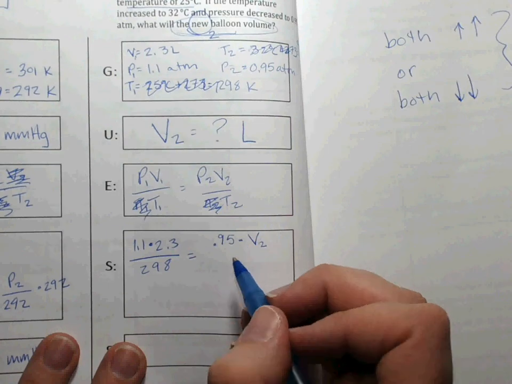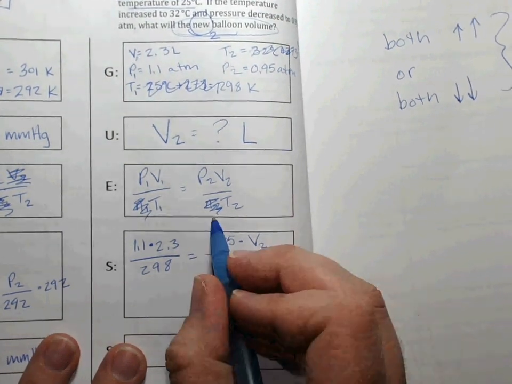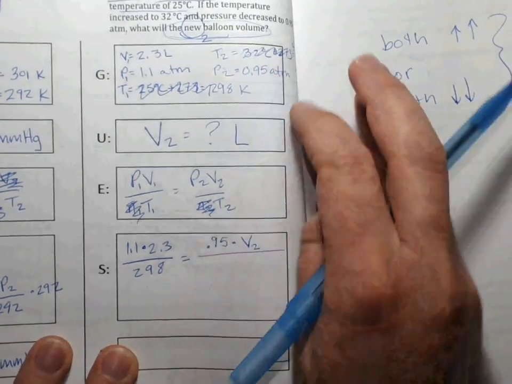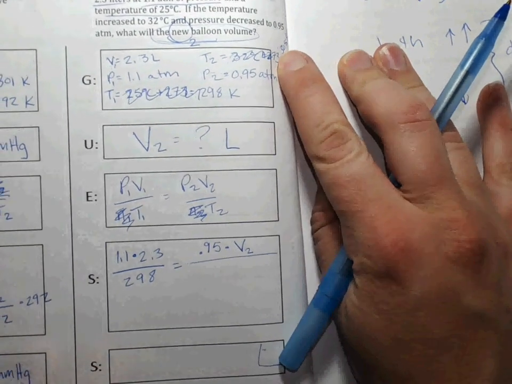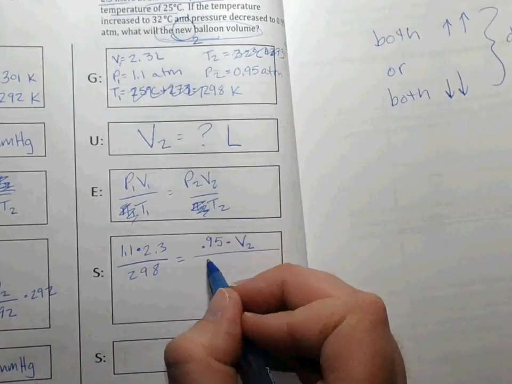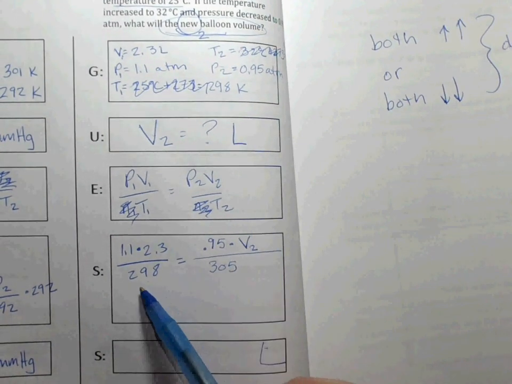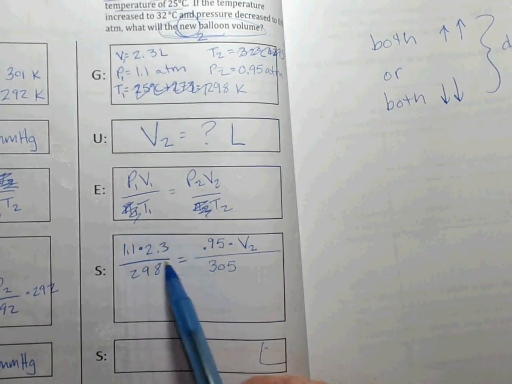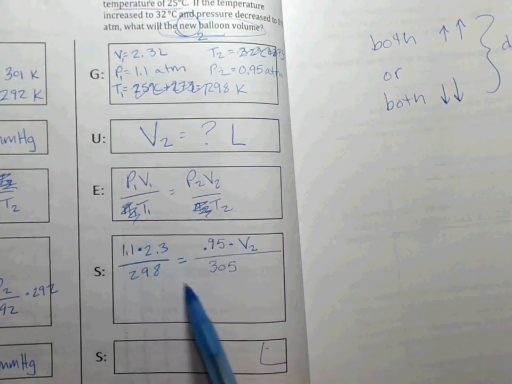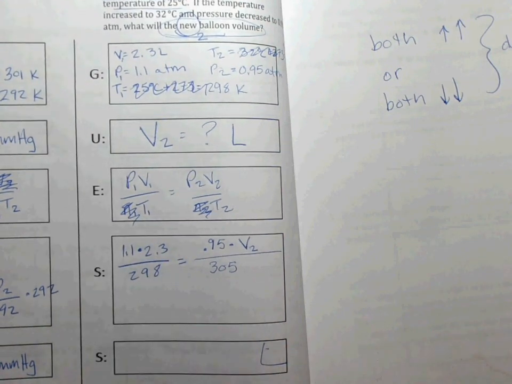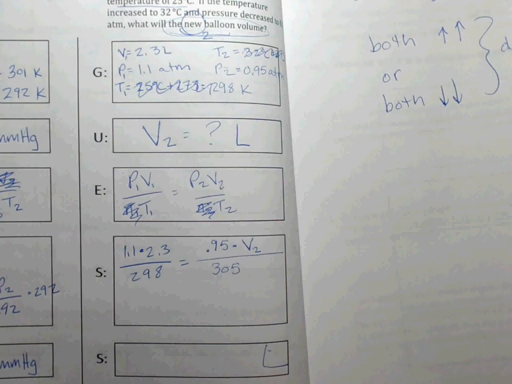You could also write an X if you prefer, over T2, which is this 305 that I barely fit on the page. Okay, this is another section where, again, if you are comfortable cross-multiplying and you know how to do that, or the butterfly method as your math teacher may call it, then you are free and welcome to do that. I, again, prefer to simplify.